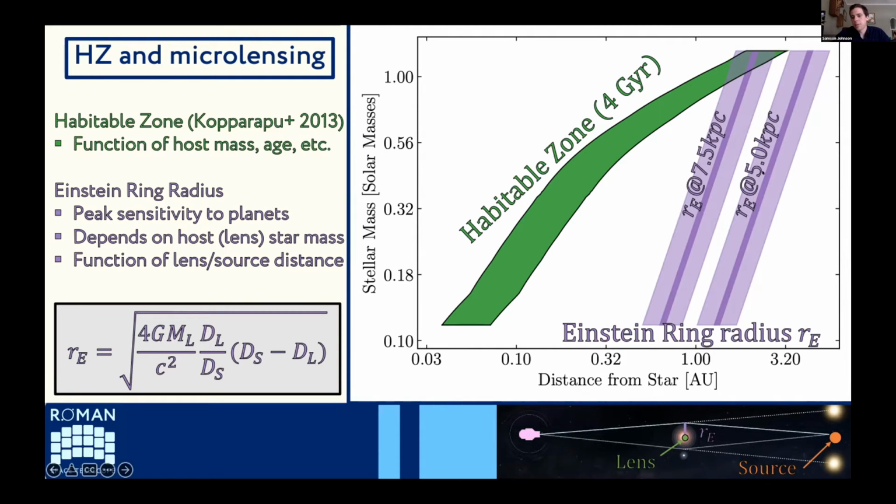The first, the one that sits further out, is for a lens that's around 5 kiloparsecs, and it gets pretty close to the habitable zone. But if you push that lens closer towards the center of the galaxy, to 7.5 kiloparsecs from Earth, the Einstein ring radius actually intersects with the habitable zone for high mass, solar mass lenses. So there is this subset of events that will be sensitive to habitable zone planets.